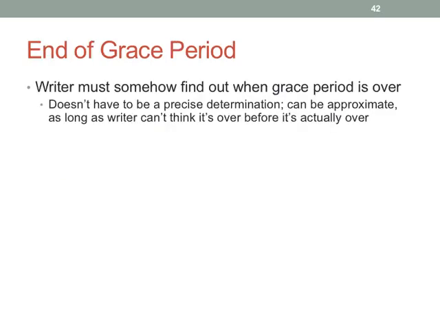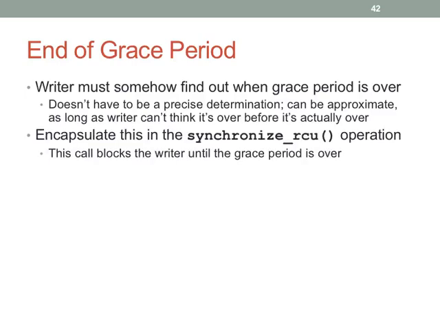Okay, so the writer has to know that there's an end of the grace period. So there is another operation called synchronize RCU. Synchronize RCU basically says the writer is blocking until the grace period is over. So synchronize RCU is a call. It may block, probably will.